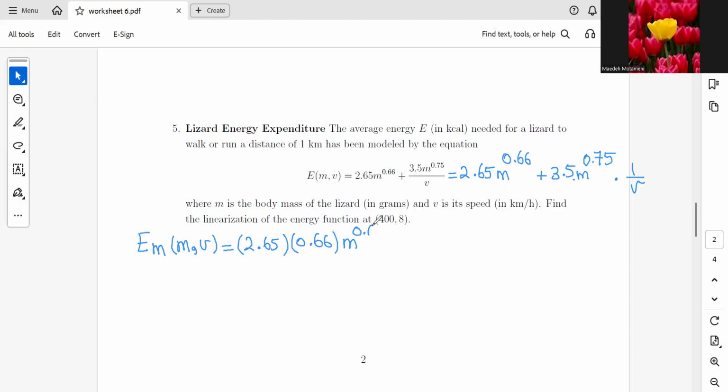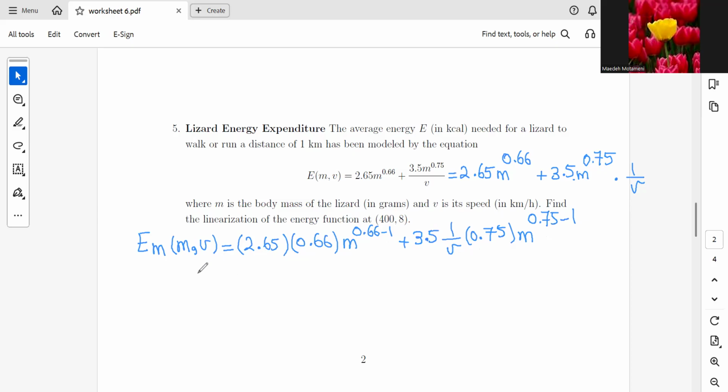It means 0.66 minus 1. Plus the second part, 3.5 is the coefficient, 1 over v is the coefficient. But finding the derivative of m to the power 0.75 gives us 0.75 times m to the power 0.75 minus 1.